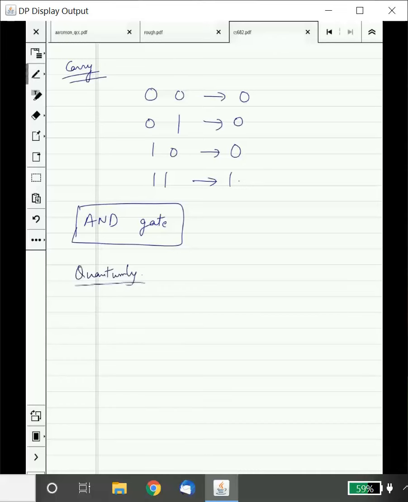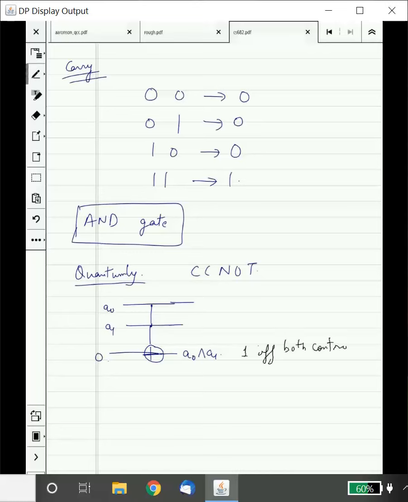Pause the video and think if you can execute AND gate using CC0. Some thought will show you that AND of 2 bits can be obtained just by taking C0 with 0. This will give me A0 and A1. This bit will be 1 if and only if both controls are 1. This is the definition of CC0 gate.